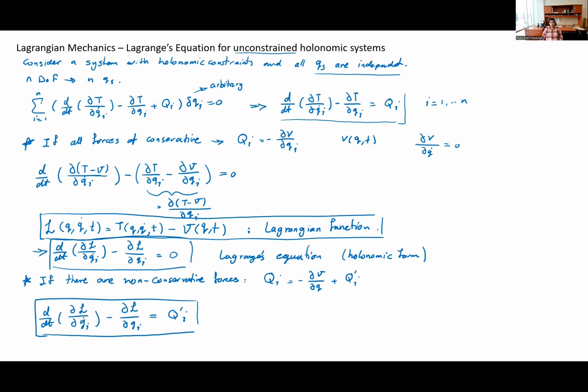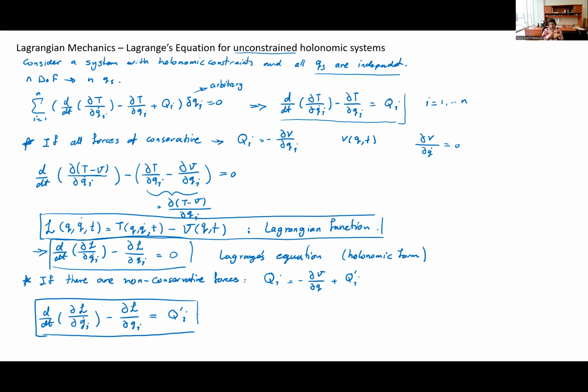So this second form comes in very handy if you have external forces and torques on your system, while your system is also being acted on by some potential forces, some gravitational forces and spring forces and all other conservative forces. So this is how we can include those external arbitrary forces in the equations.